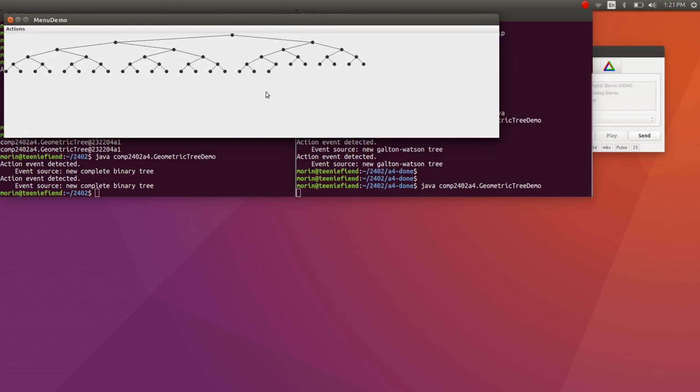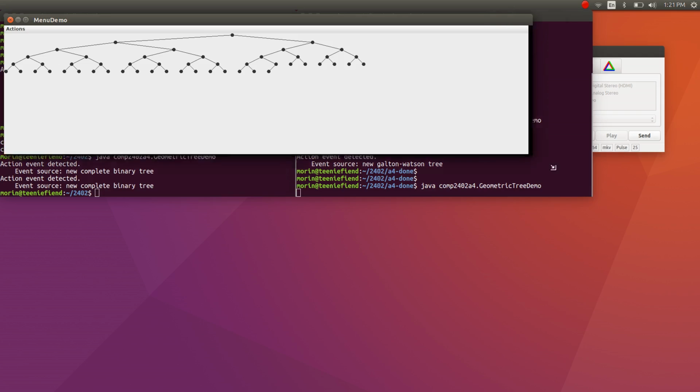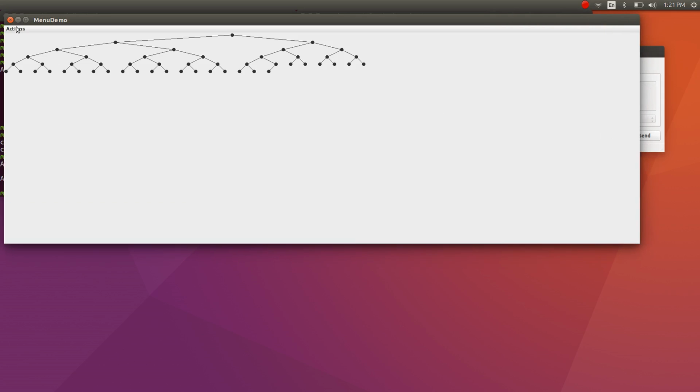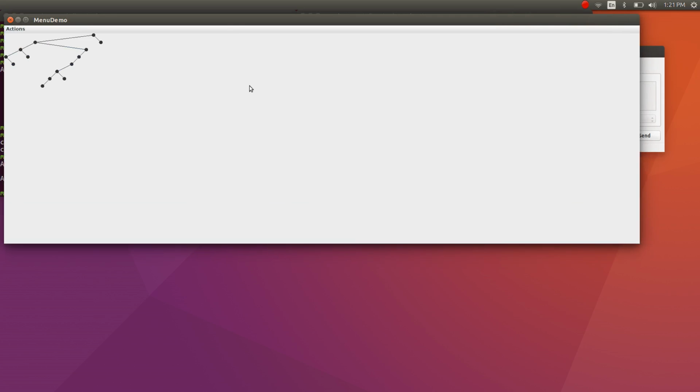So there's an in-order drawing of the complete binary tree. And the Galton-Watson trees, sometimes you have to make a few tries because they're random and sometimes they're tiny. There's one in-order drawing of a Galton-Watson tree. We can try another one. There we get a tree with one node.